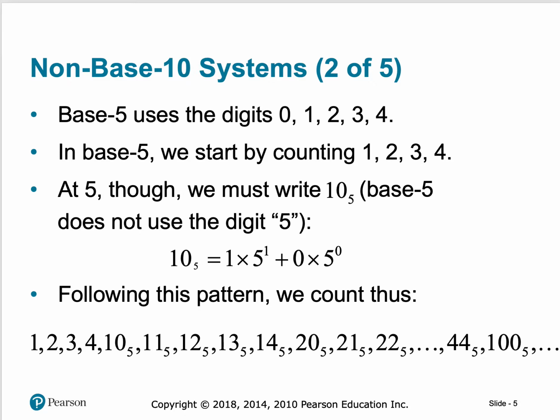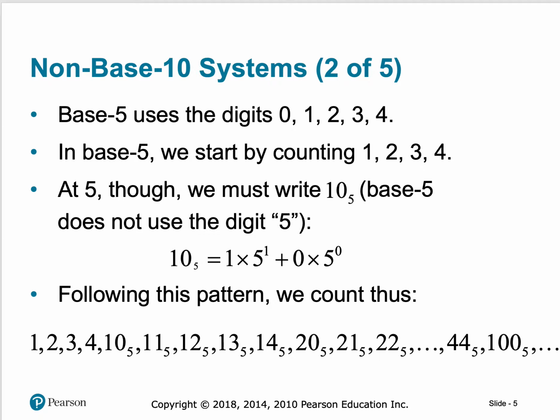In base 10, we would use the digits from 0 to 9, just like if we were in base 5, we would use 0 to 4. So notice whatever your base is, the numerals end 1 prior to that. At 5, you kind of have to recycle, and you can't write a 5, so you have to write 10 base 5.